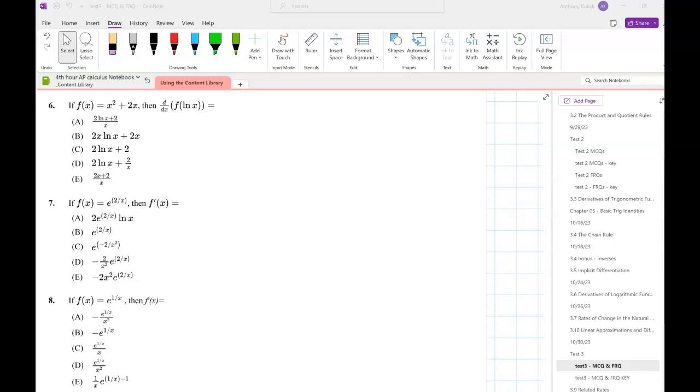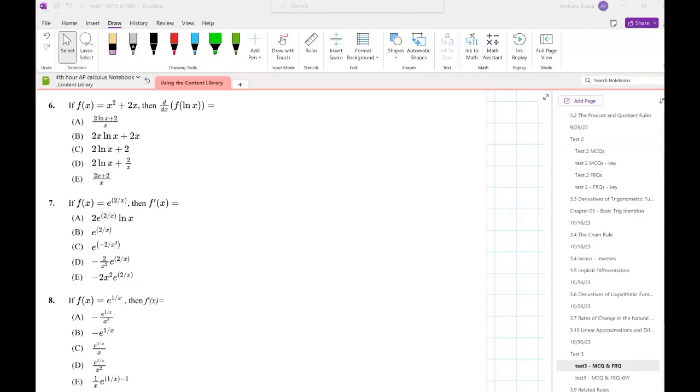Again, before you dive into a problem, it's worth looking to see algebraically, is there a way for me to make the calculus here easier? Can I avoid having to do a quotient rule, or a product rule, or a chain rule, or a power rule? Is there a way to rewrite this to reduce the layers of calculus I have to do?